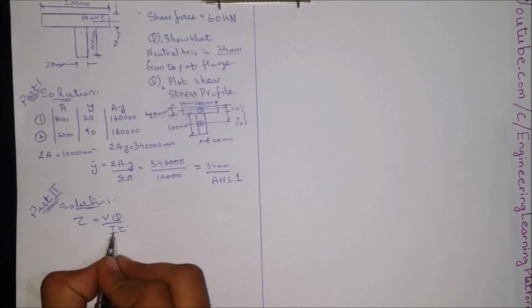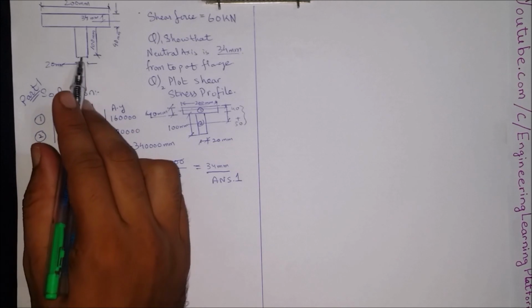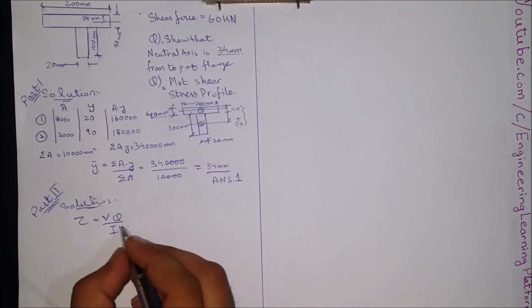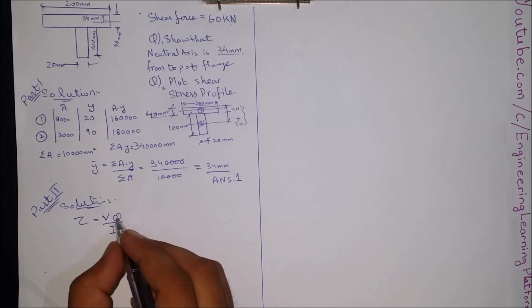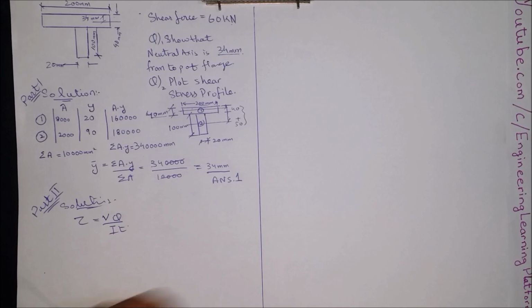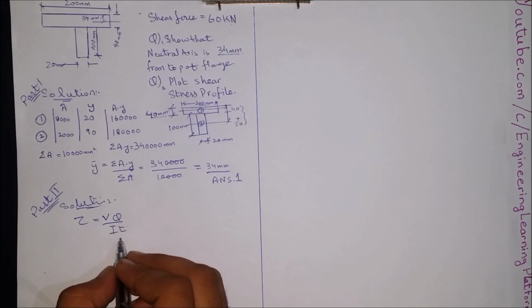The moment of inertia remains constant for a cross section. The shear force remains constant for a cross section, that is given as 60 kilonewtons. What we need to find out by varying the location of the fibers is Q and t, where t is the thickness and Q is the first moment of area.